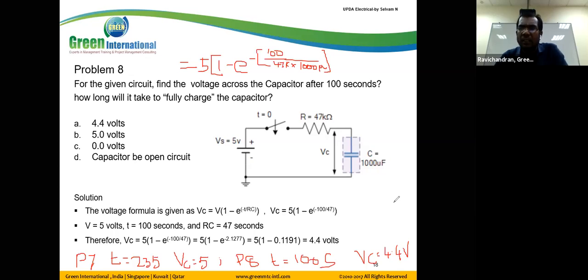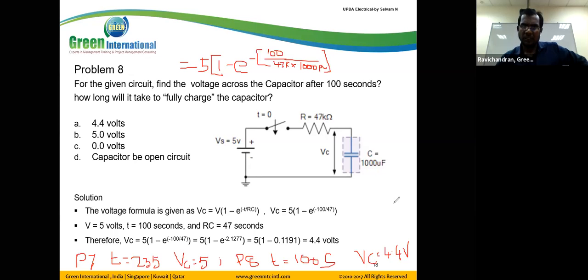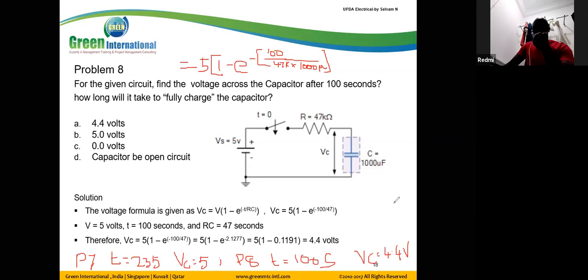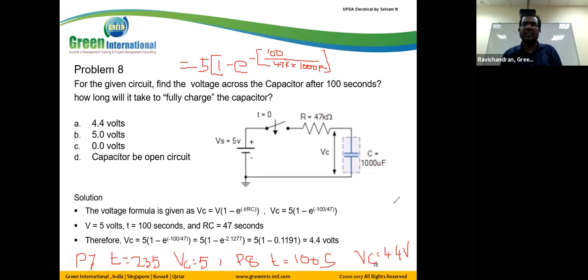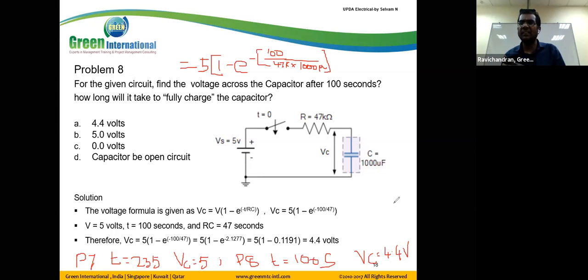For charging, the formula is VC equals Vs into 1 minus exponential of minus t over RC. This is the formula for the charging current, and we have a different formula for discharging. We have two formulas: one is charging, another is discharging.